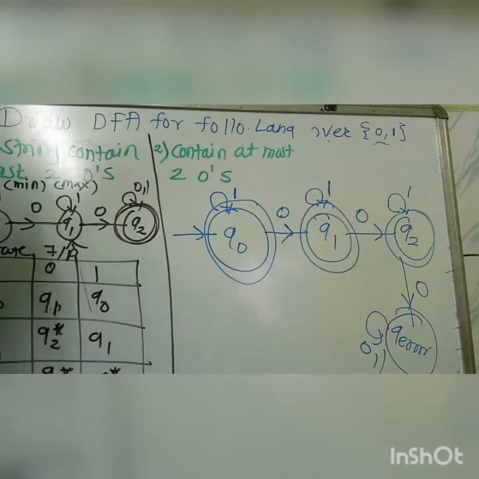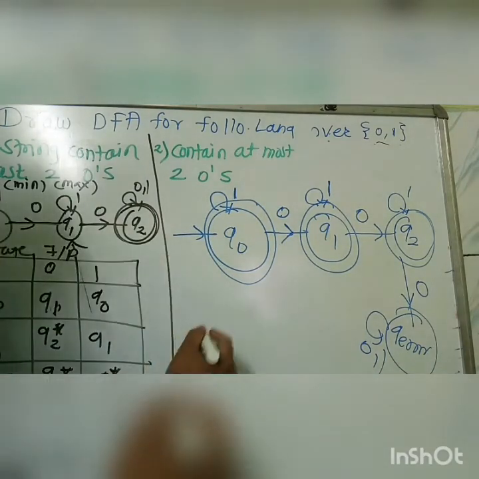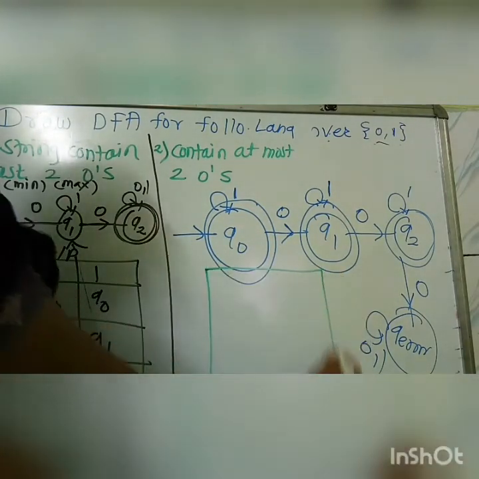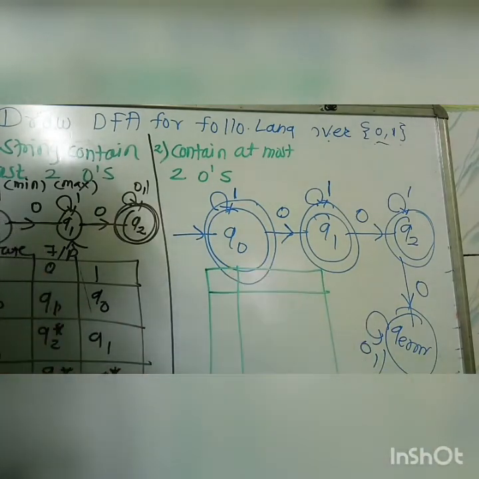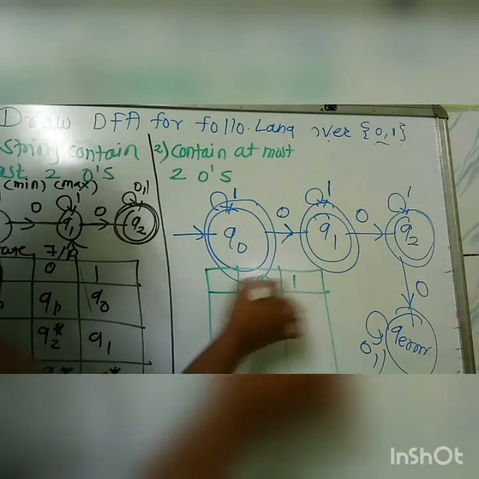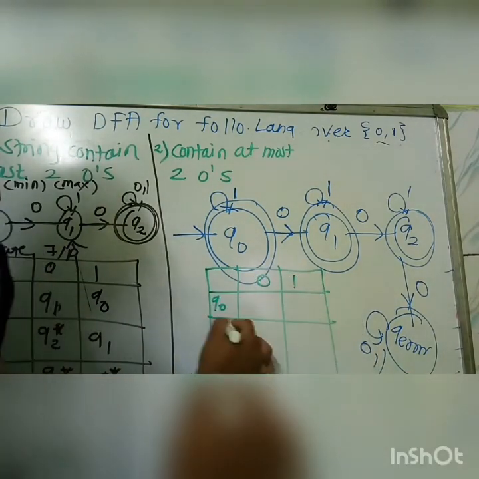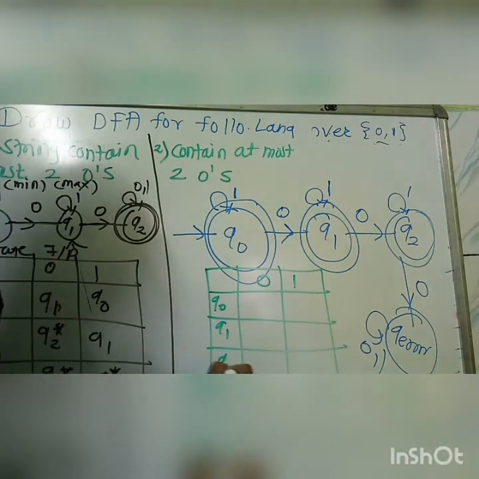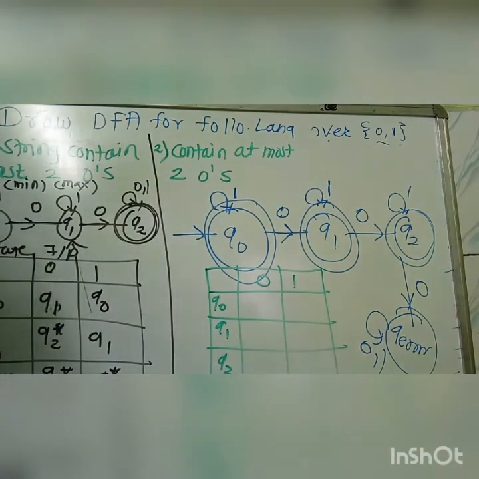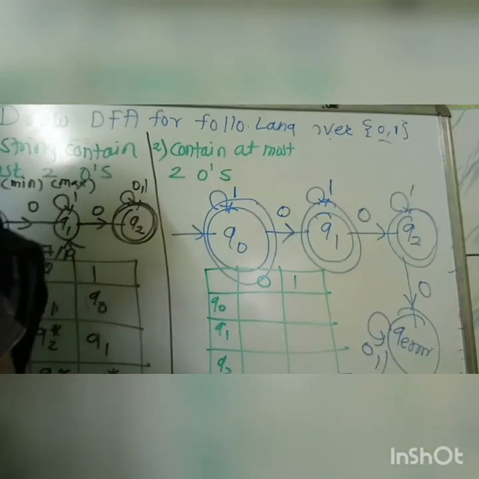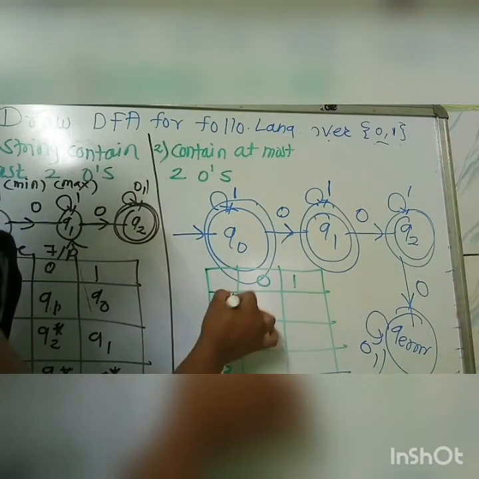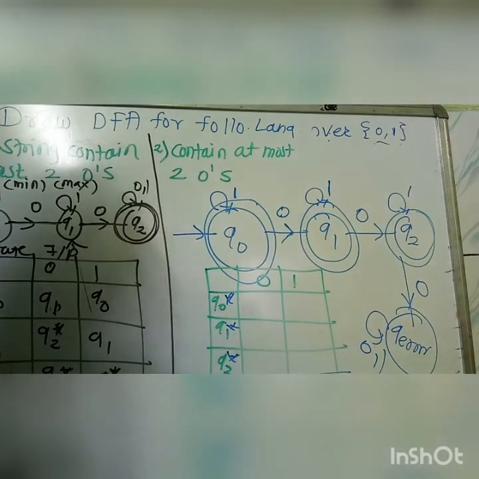Now we will draw the transition table. It is much easier. Put the states here. As you know, all states in your diagram are double circles, so mark them as final states.